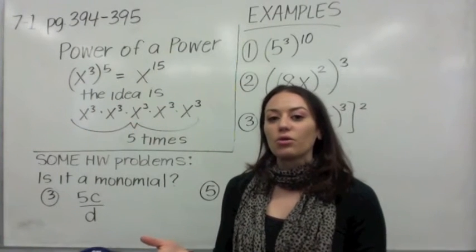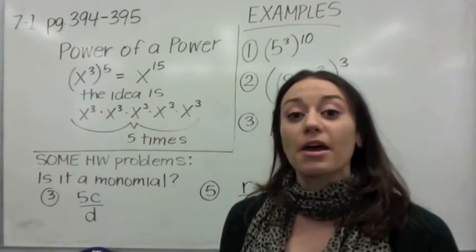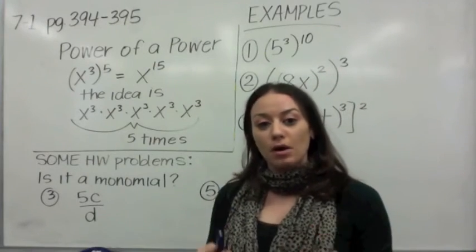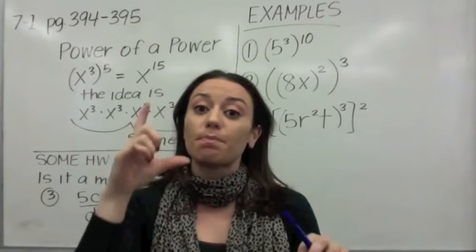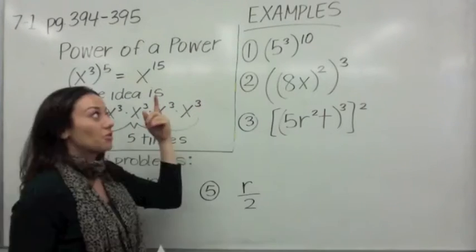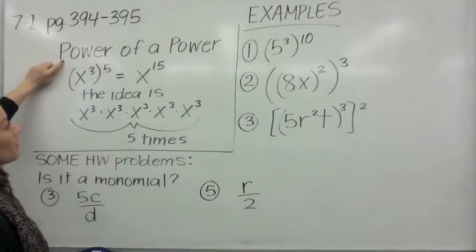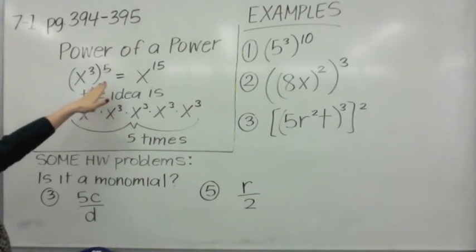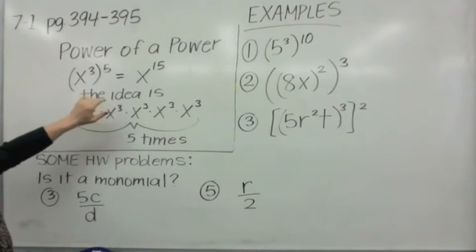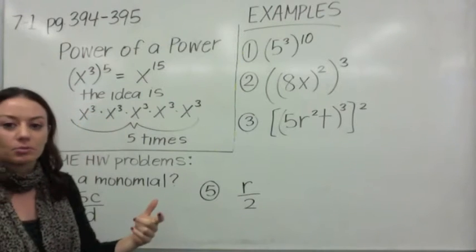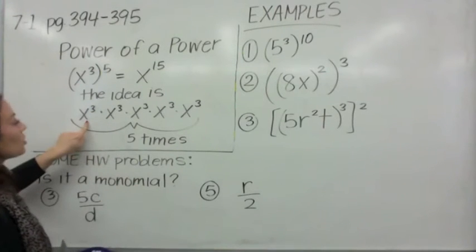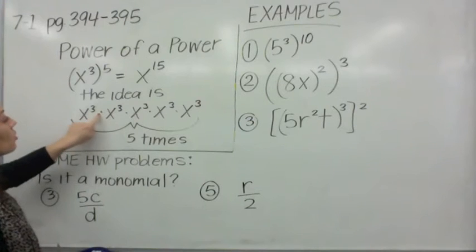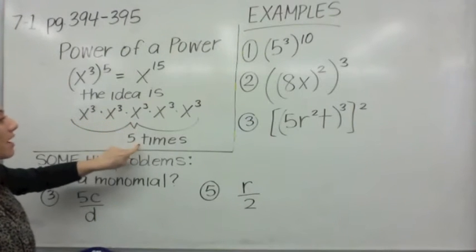Okay, so we're going to go through another property of exponents, and when you start to multiply exponents together but you see parentheses, this property is called power of a power. So if you have x cubed, okay, and then you see it in parentheses and you take it to the power of 5, the idea behind that is really it's repeated multiplication. So you're taking x cubed and you're multiplying x cubed by x cubed 5 times.